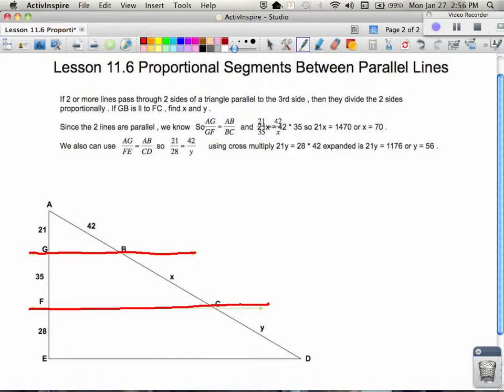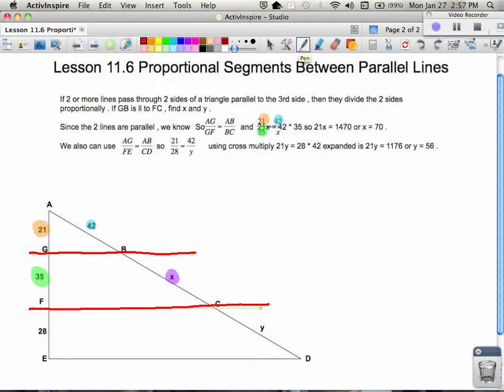Knowing from our previous lesson, if I look at different things that are matching up, I know that the 21 compared to the 35 should be the same comparison as 42 comparing to the x.